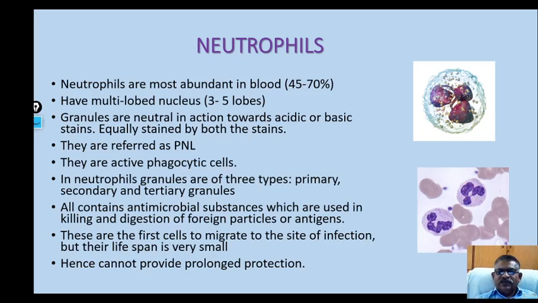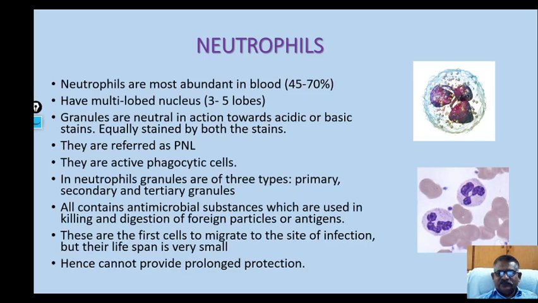Granules are neutral toward acidic or basic stain, so they are equally stained with both stains. They are referred to as polymorphonuclear leukocytes. They are active phagocytic cells, as I stated. These are the first cells that will reach the site of inflammation, right?